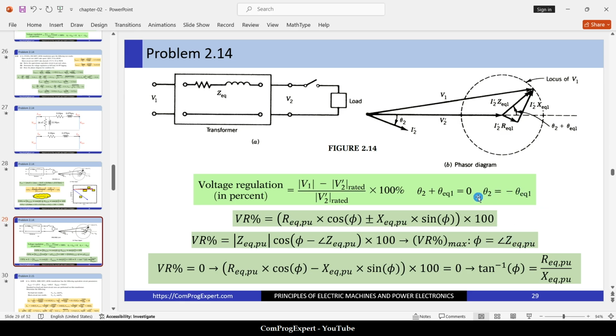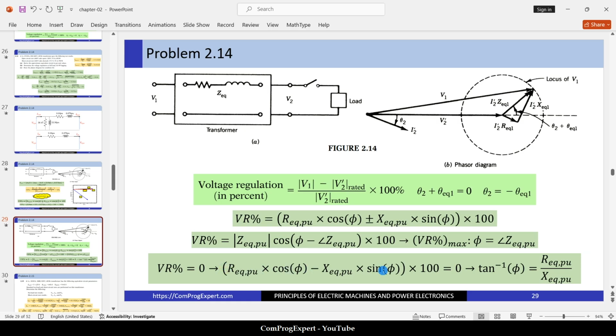Okay, so this is the case when we have maximum voltage regulation. Consider that in this figure, theta 2 is a negative number. Here we used absolute values. And when we have zero voltage regulation, the zero voltage regulation occurs for a leading power factor, a capacitive load.